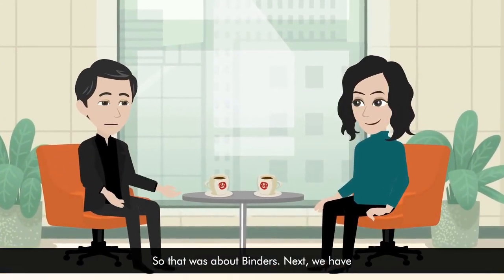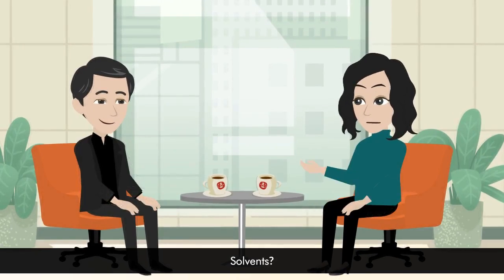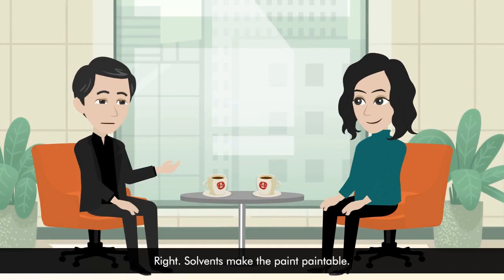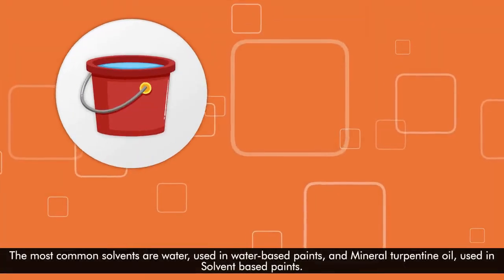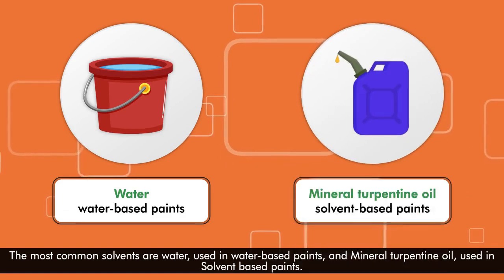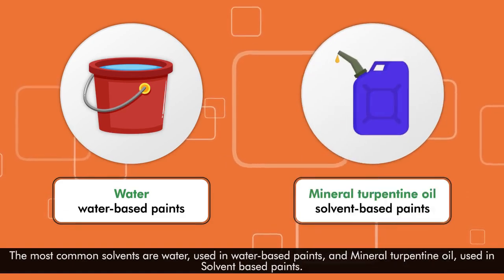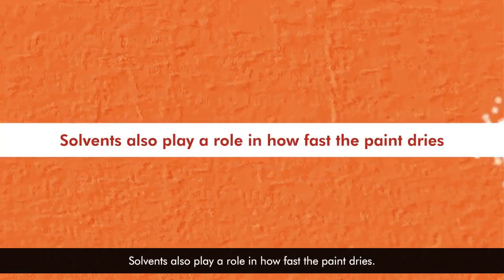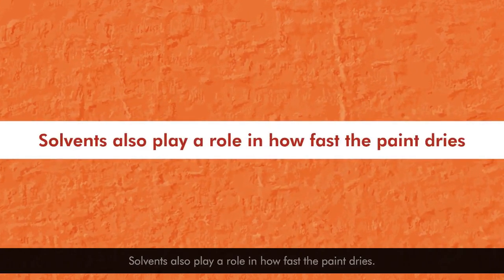Next, we have solvents, right. Solvents make the paint paintable. The most common solvents are water, used in water-based paints, and mineral turpentine oil, used in solvent-based paints. Solvents also play a role in how fast the paint dries.